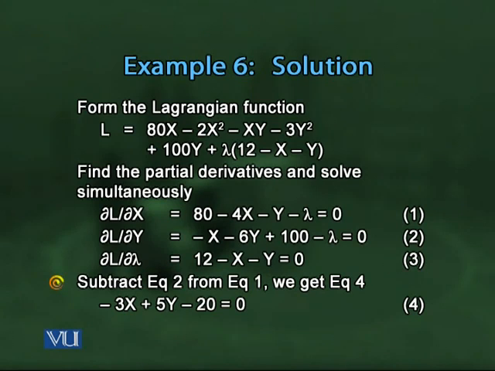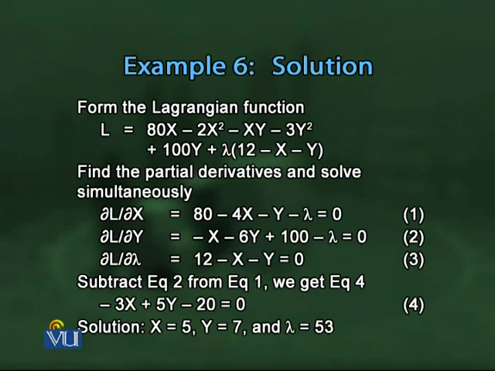Now, solving the third equation and the fourth equation simultaneously, we get the value of y, which is equal to 7. When we substitute this value of y into our constraint equation, that is the third equation, we will get x equal to 5. You can see here that x is equal to 5 and y is equal to 7.